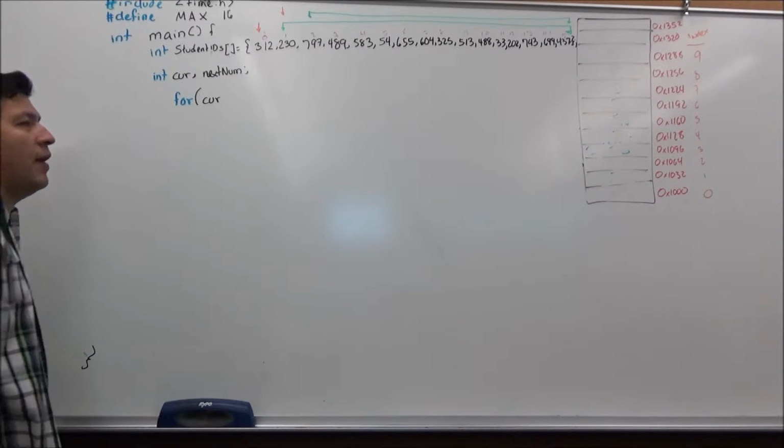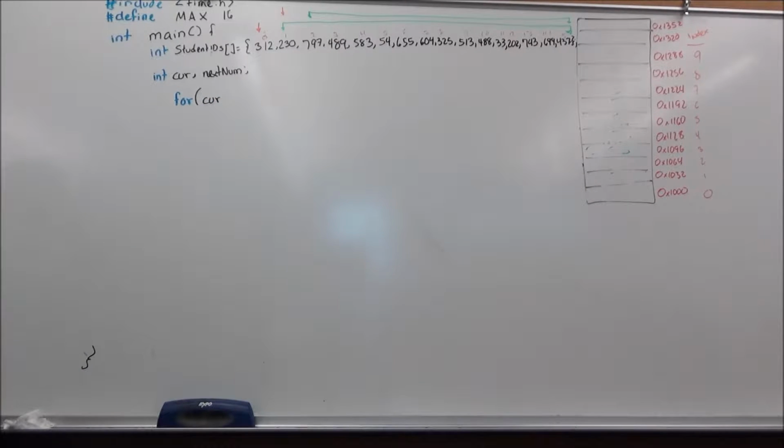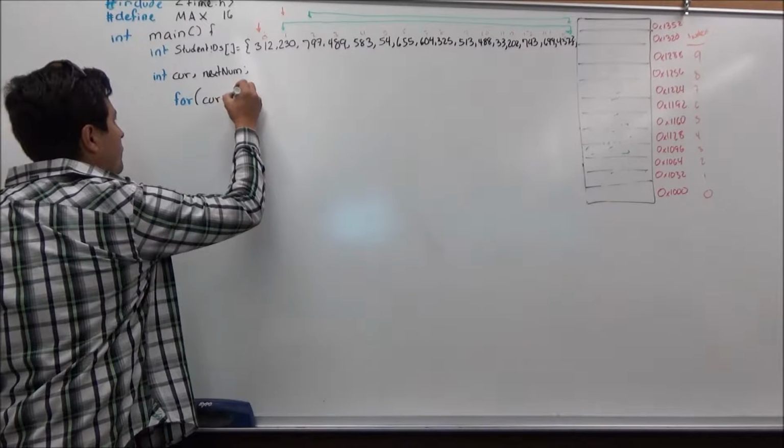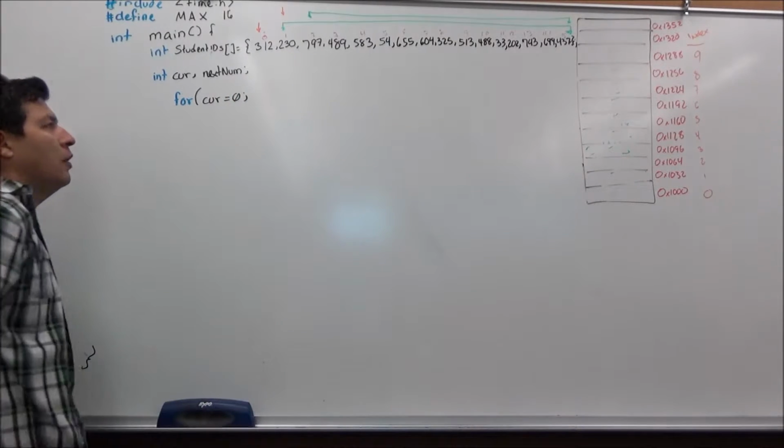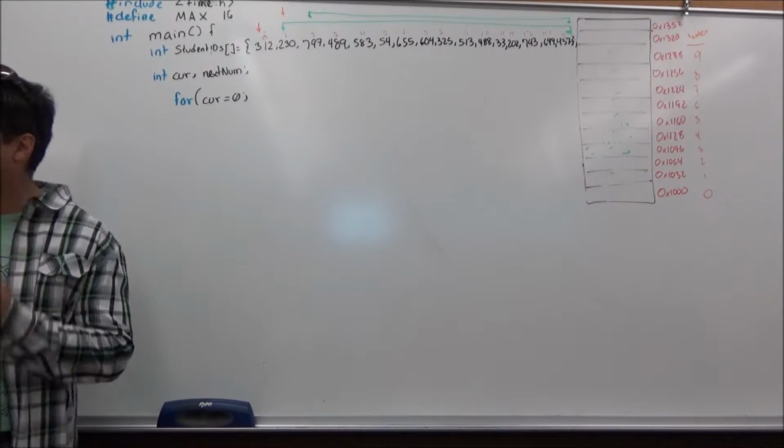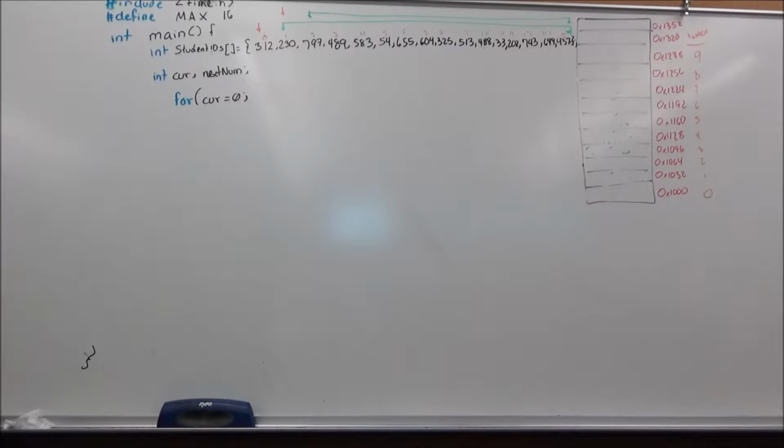And what's the initial value? 0. Let's start at 0. And then what? Just tell me what to write, don't tell me what you're thinking. I'm the computer, I just execute, I don't reason.